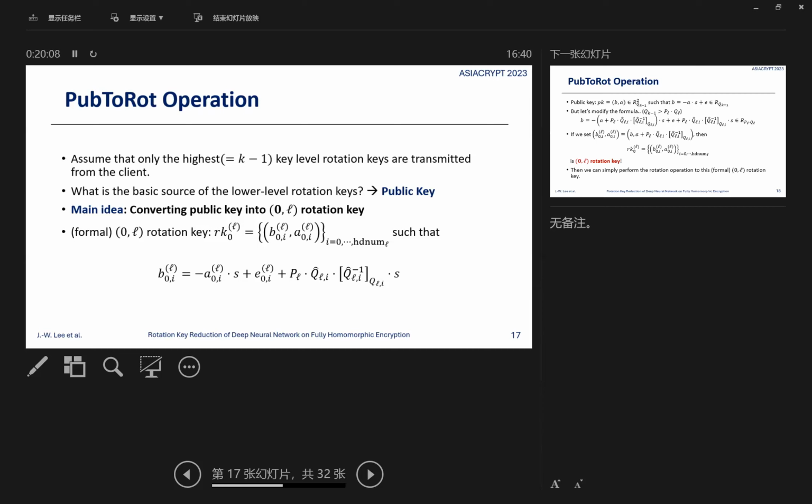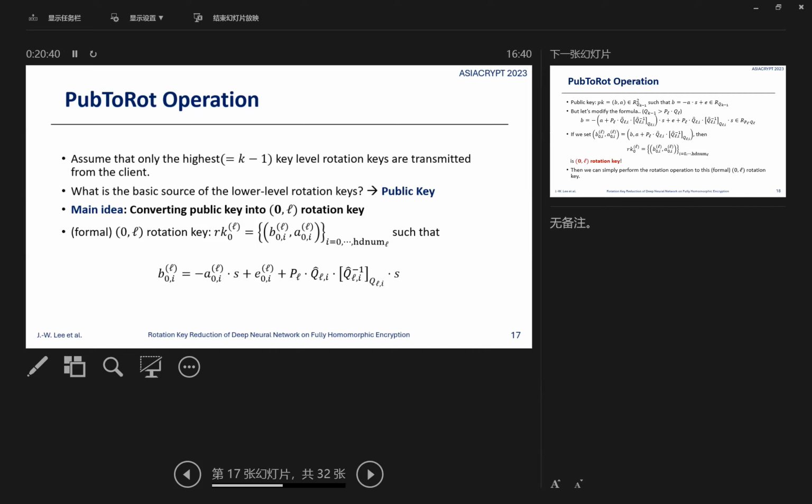The source of the rotation keys is the public key. So the main idea is converting the public key into the formal 0L rotation key. The 0L rotation key is needless in the homomorphic computation, but formally this is the form of the 0L rotation key.